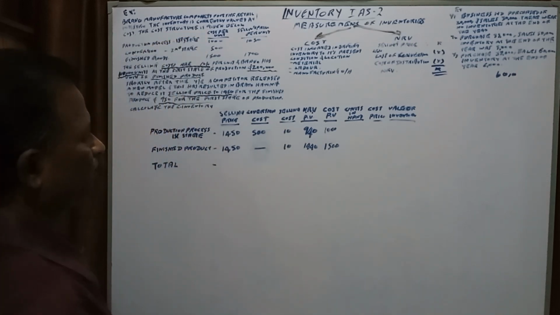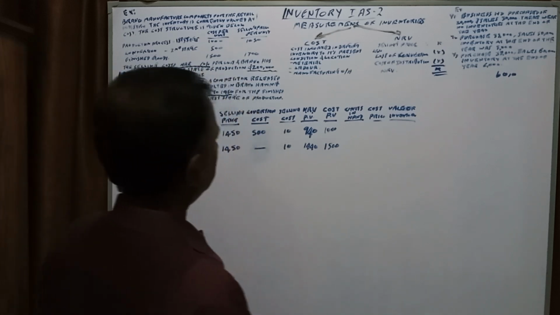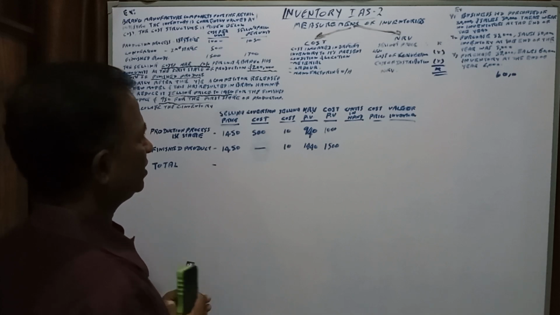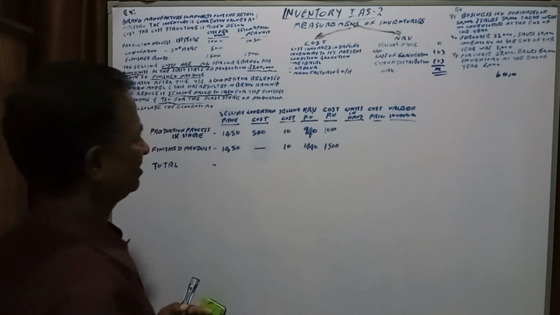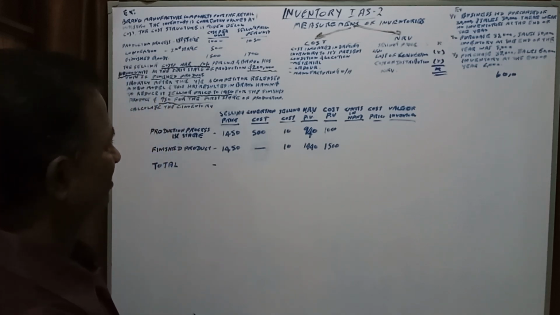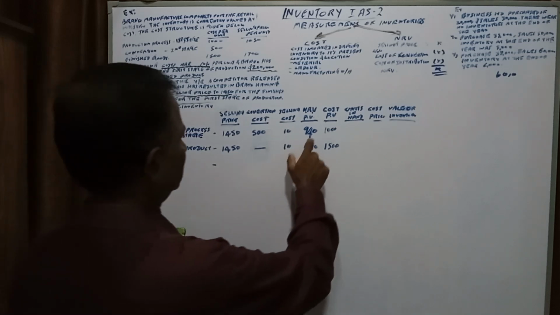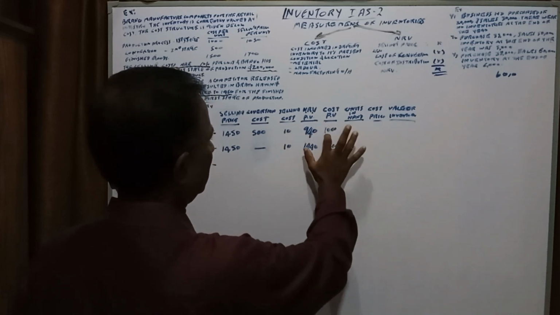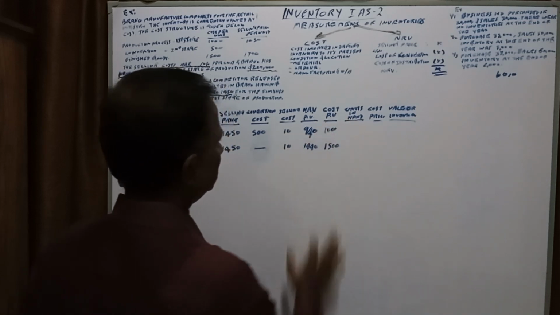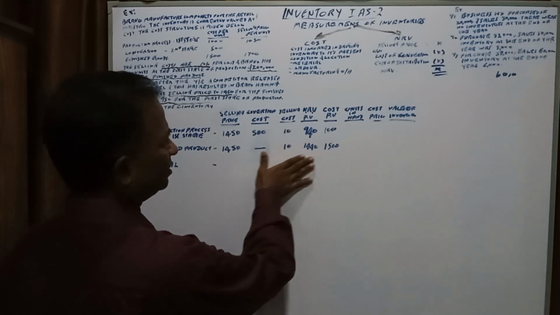So what is the net realizable value? It should come this side: this is 960, 940, and this is the 1000. The difference has to be taken.